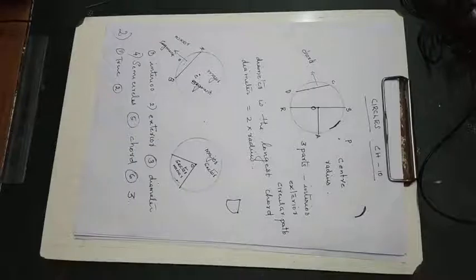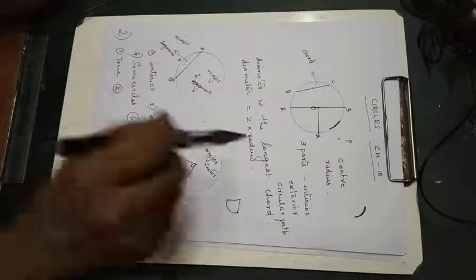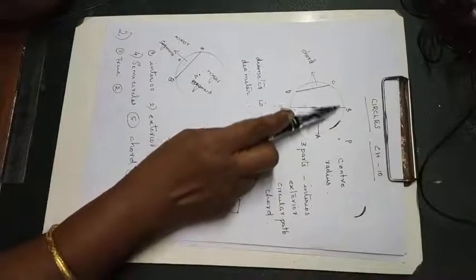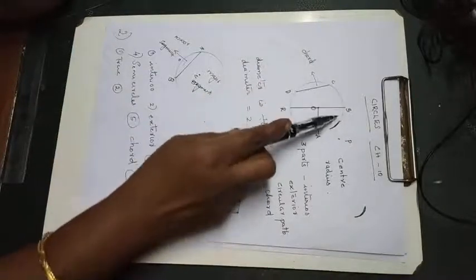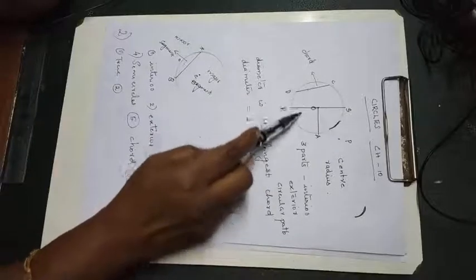Second one. A circle has only a finite number of equal chords. So you can draw so many chords in the circle. Equal to this chord, you can draw so many chords here, if you want, like that.